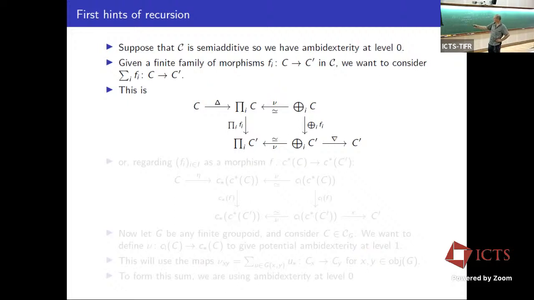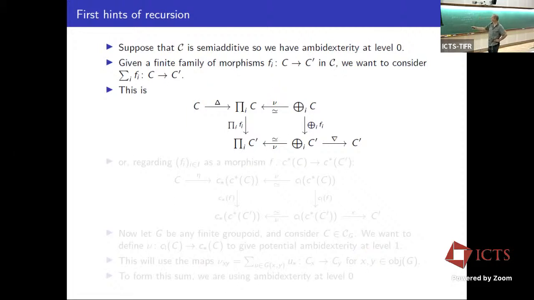And then you've always got a diagonal map from C into the product. That's kind of formal. And similarly, you have a co-diagonal map from the co-product to C. This is given by the universal property of the coproduct, and this is given by the universal property of the product.